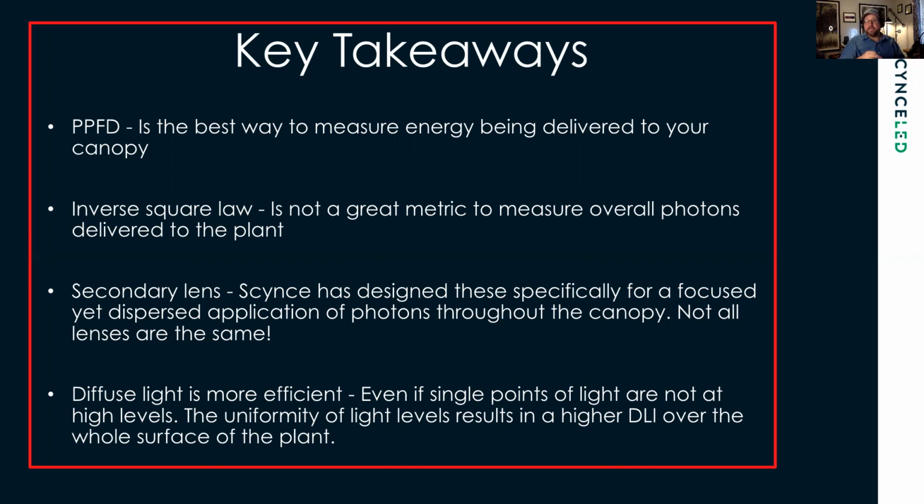There are a lot of lenses on the market. There's lenses in every application, lenses in office light, lenses in lamps, lenses on cars. Lenses are used. Just really important to know that the secondary lenses that Scynce has are very specific, and they throw light like nobody else's does. Diffuse light in any scenario is a more efficient source of light. It's better.